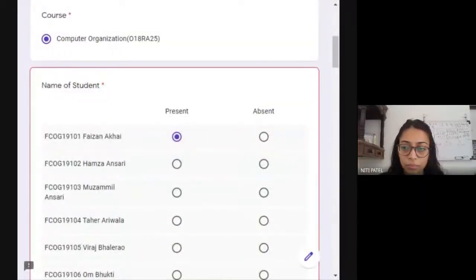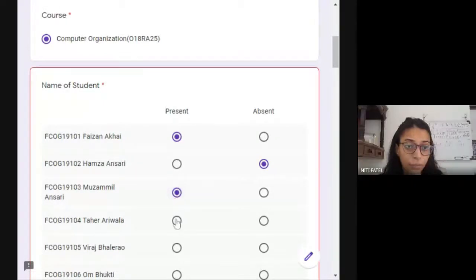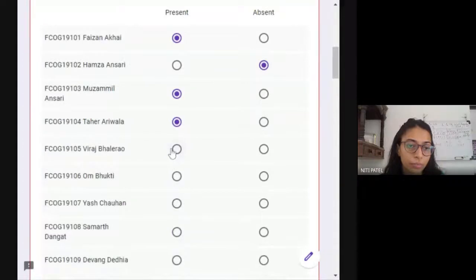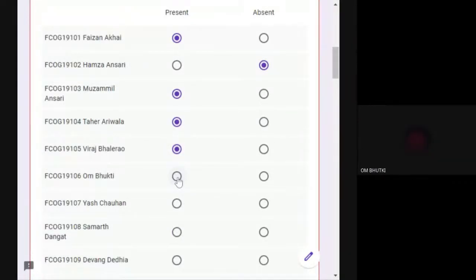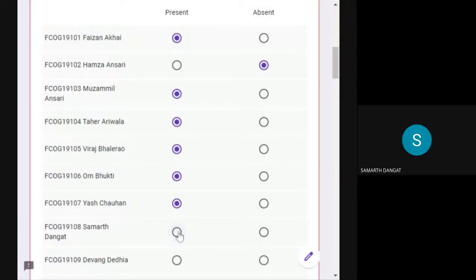Hamza, Muzammil, Present, ma'am. Tahir, Present, ma'am. Viraj, Present, ma'am. Om, Present. Yash, Present, ma'am. Samarth, Present, ma'am.